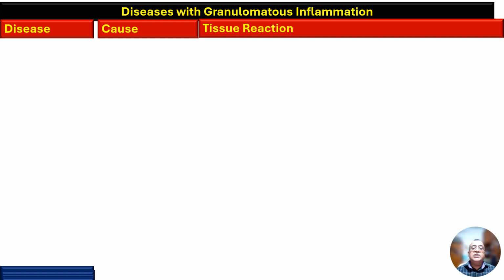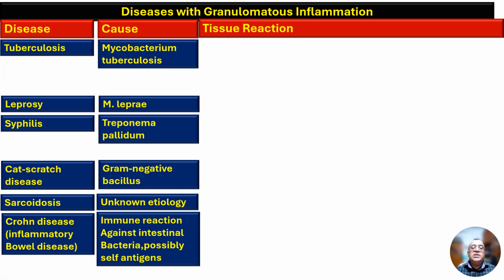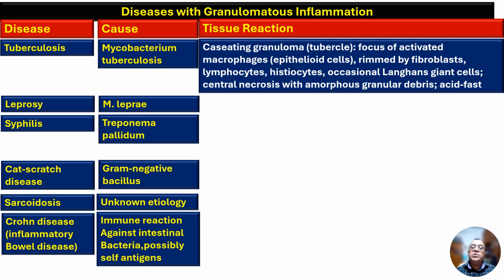One such is tuberculosis, that is caused by Mycobacterium tuberculosis, and it has caseating granulomas. The features of these we have already discussed, and there can be presence of acid-fast bacilli within the lesion if stained with acid-fast stain.